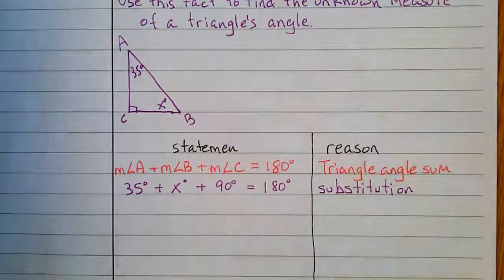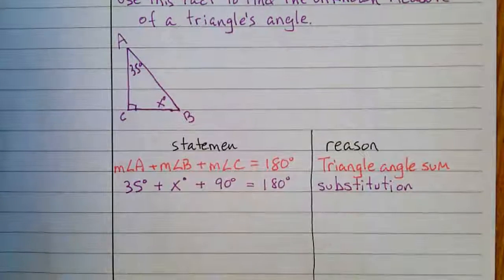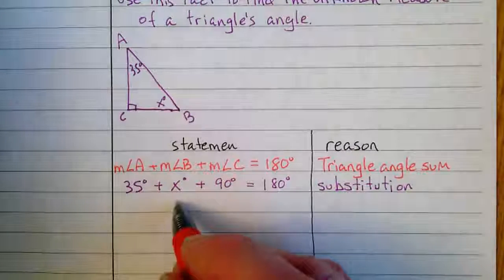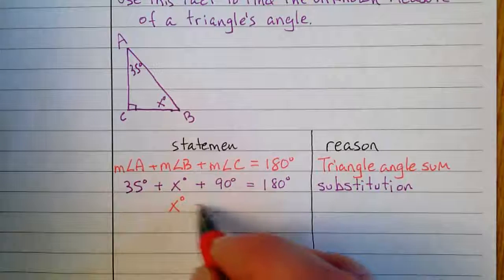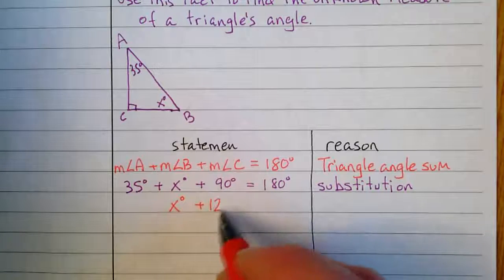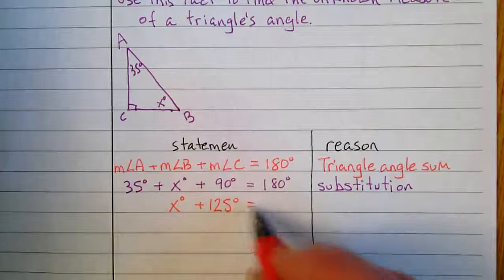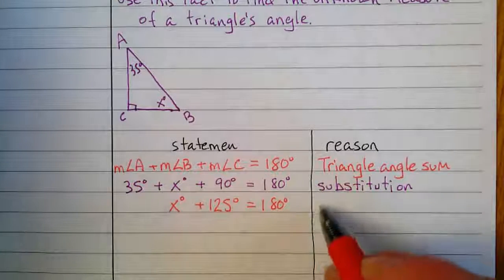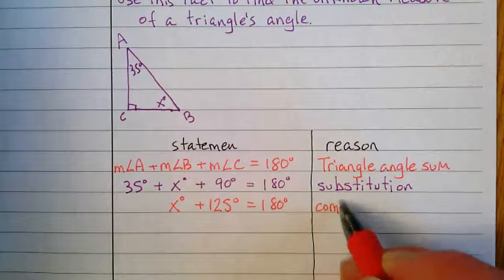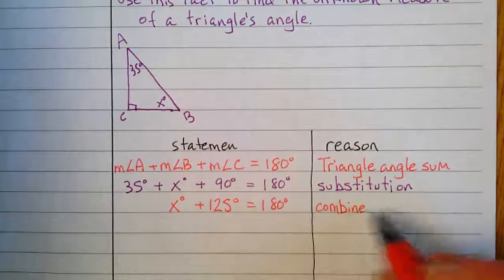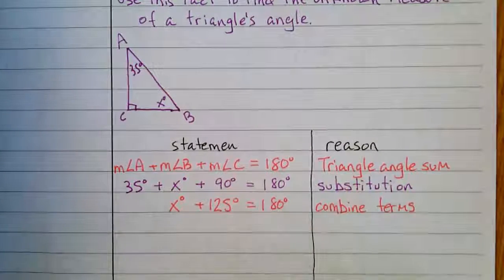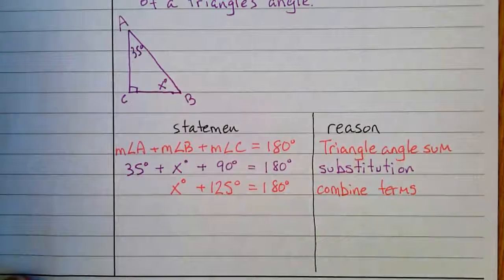Okay. Next up, we're going to combine 35 and 90. So x plus 125 equals 180, and I'll just write combined terms. I suppose technically combine like terms.